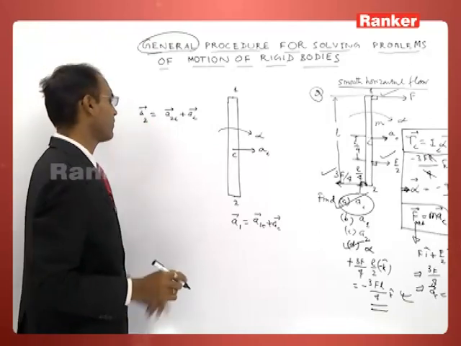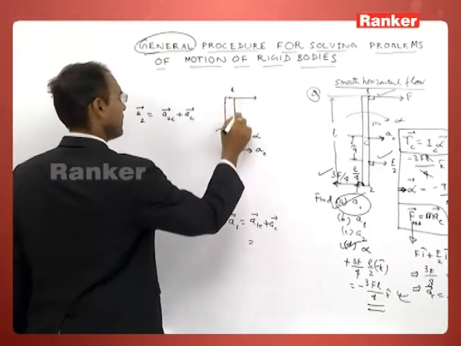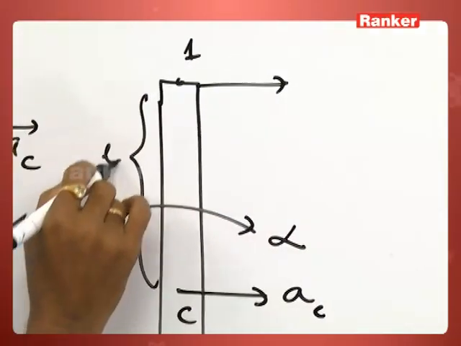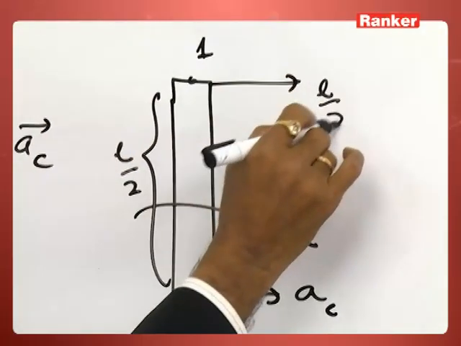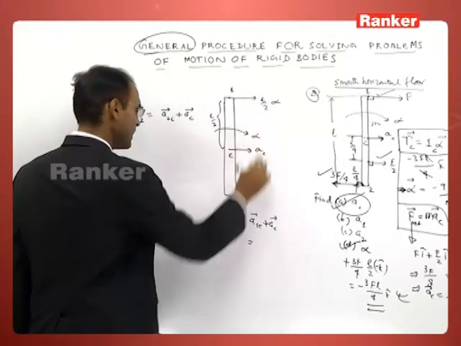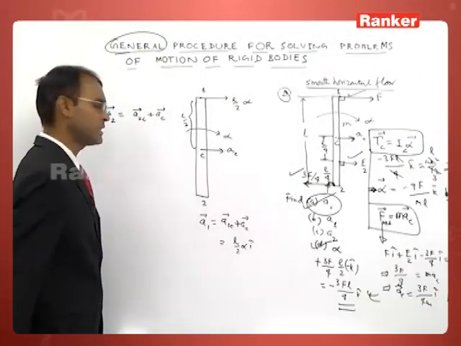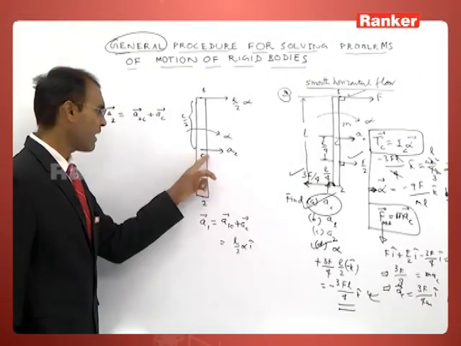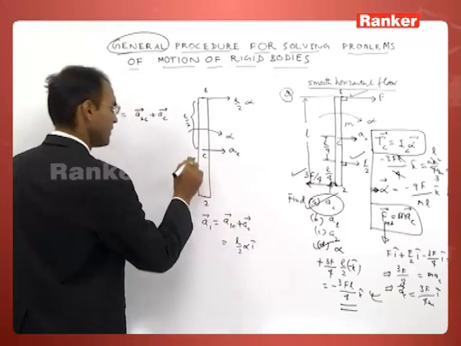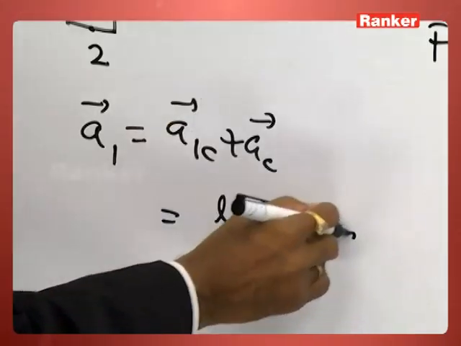Galilean transformation of acceleration. A1C is equal to L by 2 into alpha. In which direction? Positive x direction. And the center of mass accelerates in positive x direction.